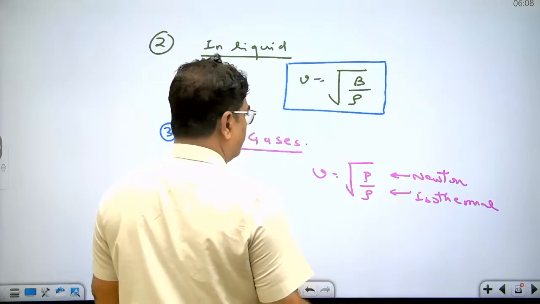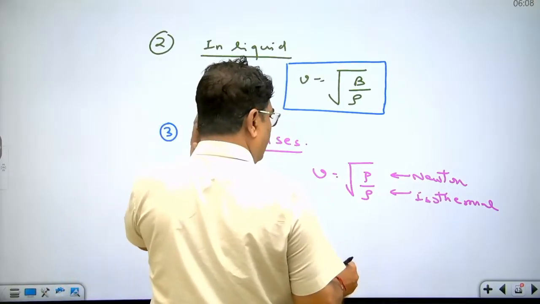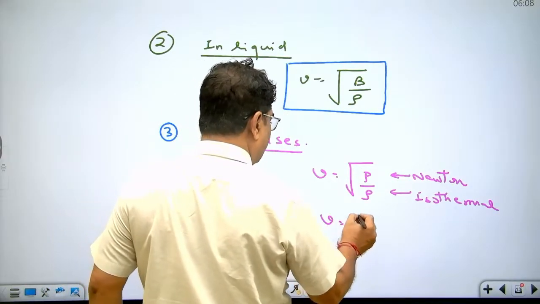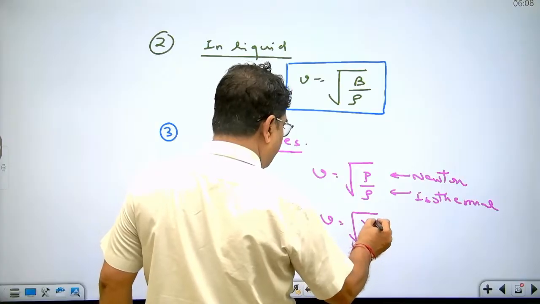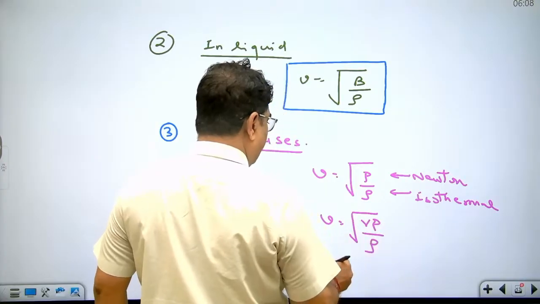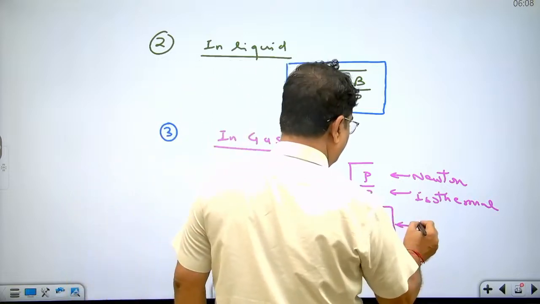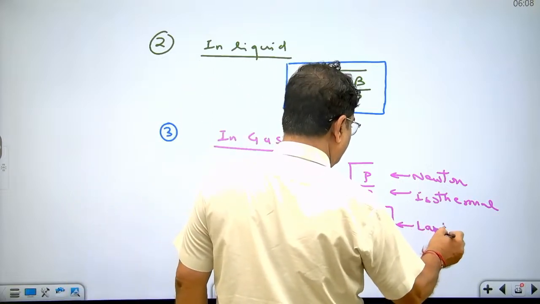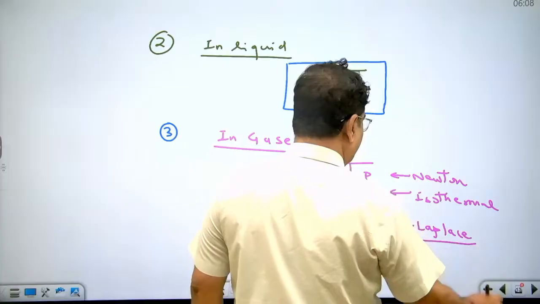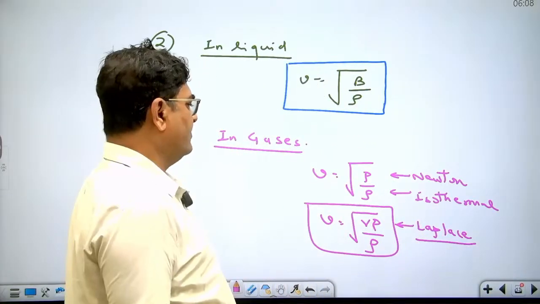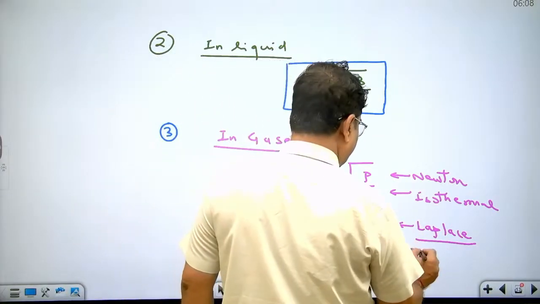Later on, it was modified and the process was assumed to be adiabatic, and adiabatic bulk modulus of elasticity is gamma p. This was corrected by Laplace.